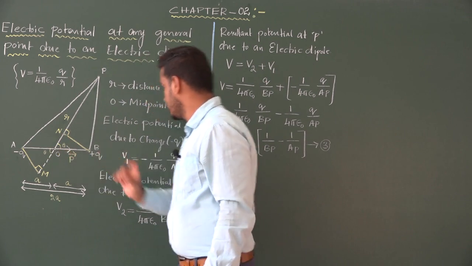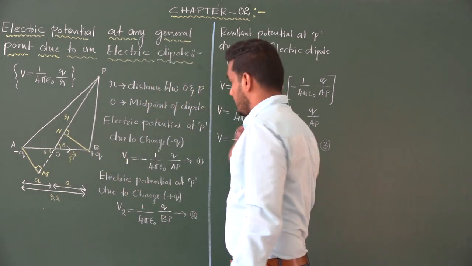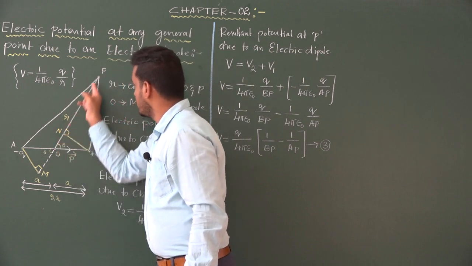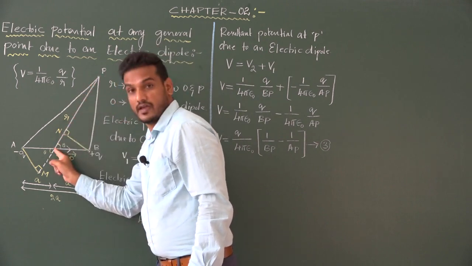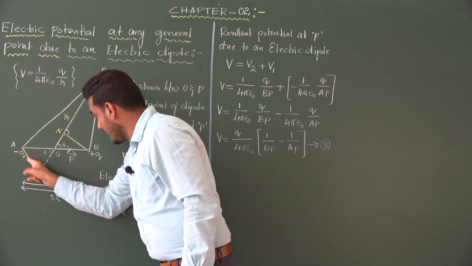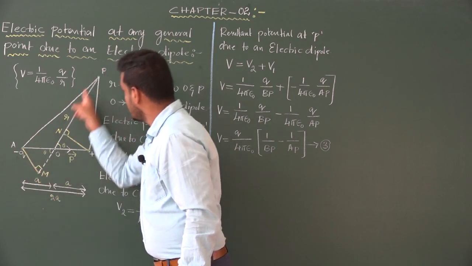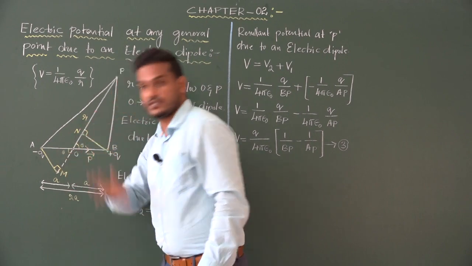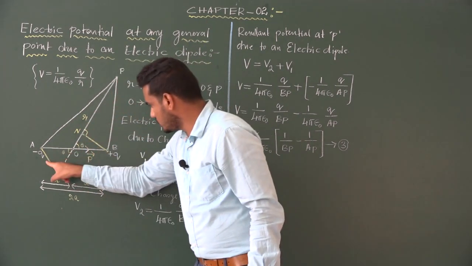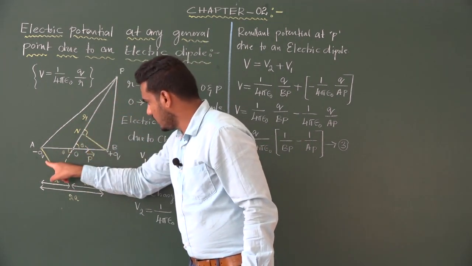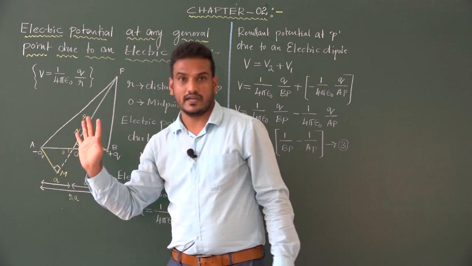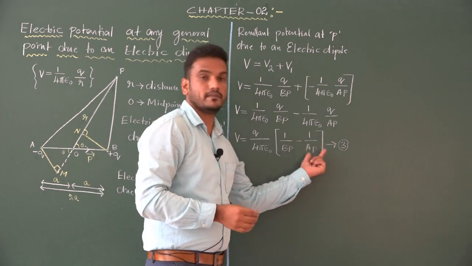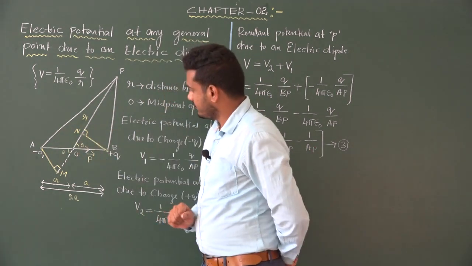To calculate AP and BP, I draw the line BN perpendicular to line OP, and I draw AM perpendicular to OP or PO produced. So these two are the perpendicular lines to calculate BP and AP.